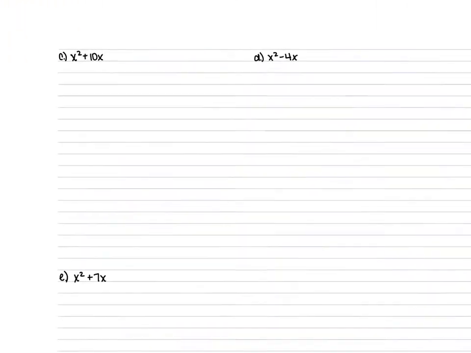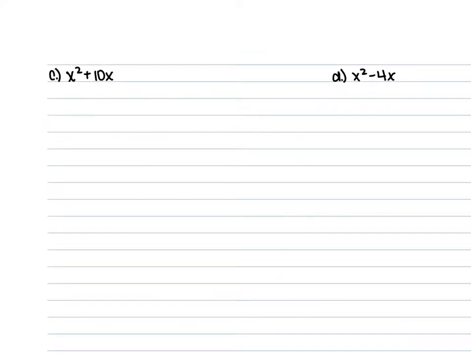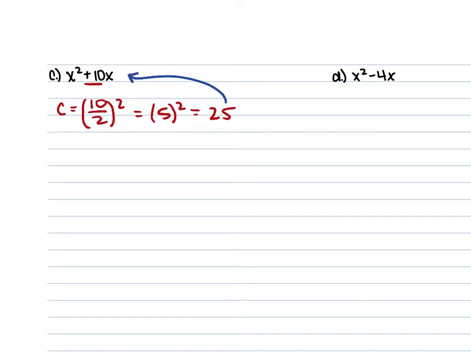For example, c, we have x squared plus 10x. We've got to find our c term. Our b term is that 10. So we're going to do 10 divided by 2 squared. That gives us 5 squared, which is 25. That 25 we're going to add to the x squared plus 10x plus 25, and we're going to factor this.